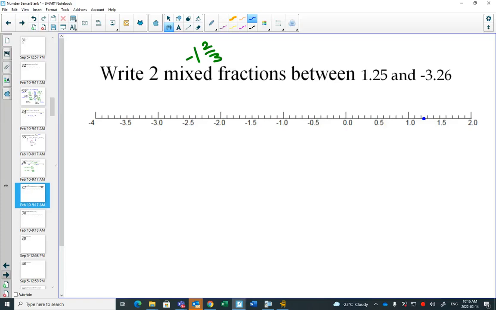There's 1.25. And there's negative 3.26.